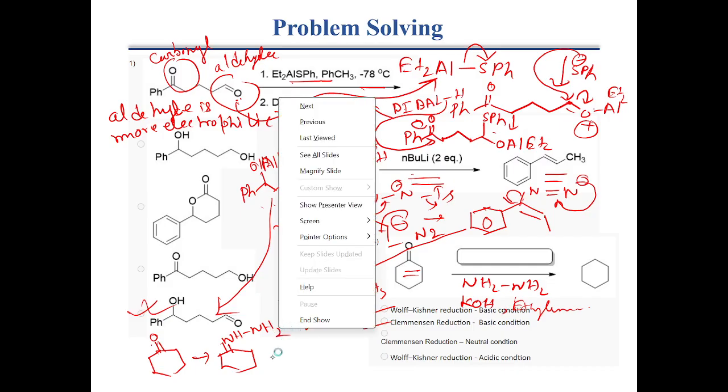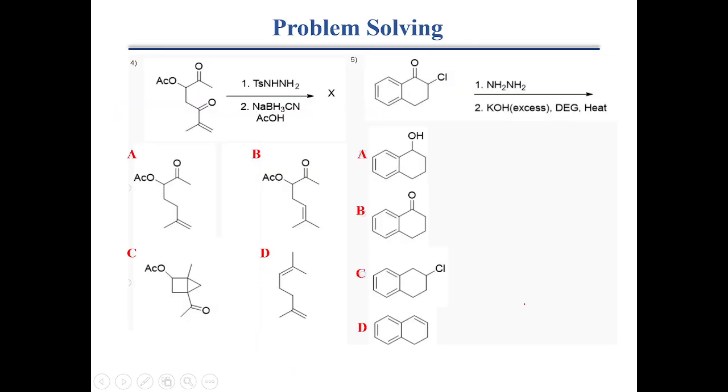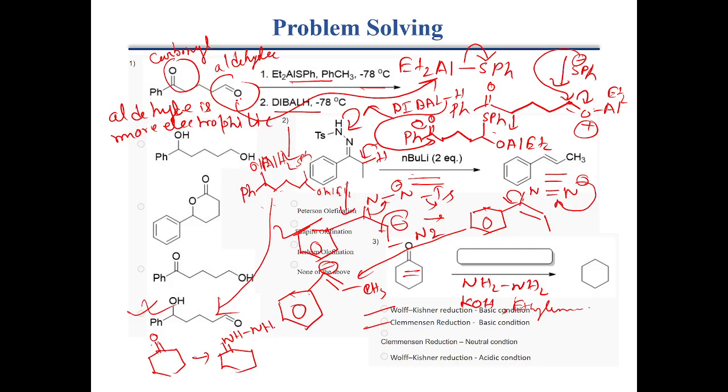So this will form. Now as the nitrogen has a proton, the base will abstract one of the hydrogens and it will go this way. So this carbanion is formed, nitrogen double bond N minus.